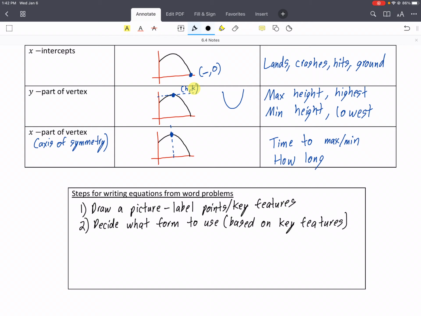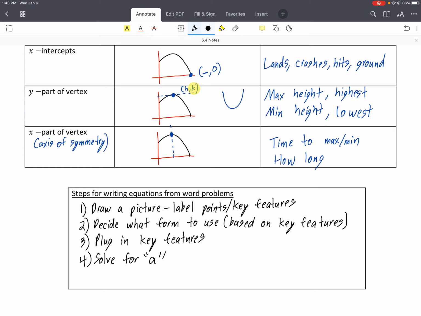And then 3, we got to plug in our key features. And then lastly, we got to solve for our A value or our rate of change. And that's how we do it. So draw a picture, label what you got, decide what form you're going to use, and then plug all those things in and solve for your A.